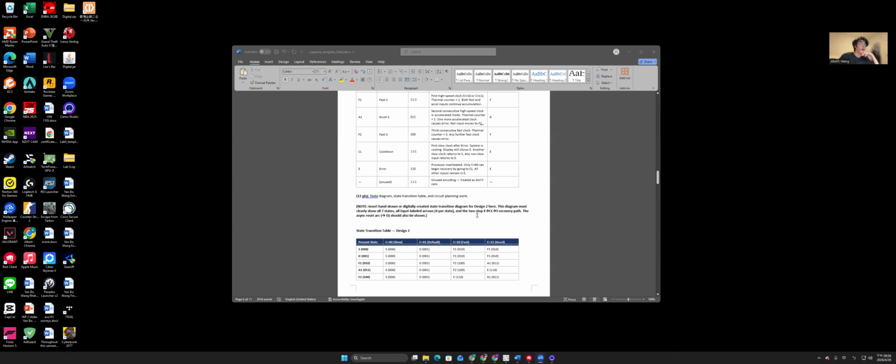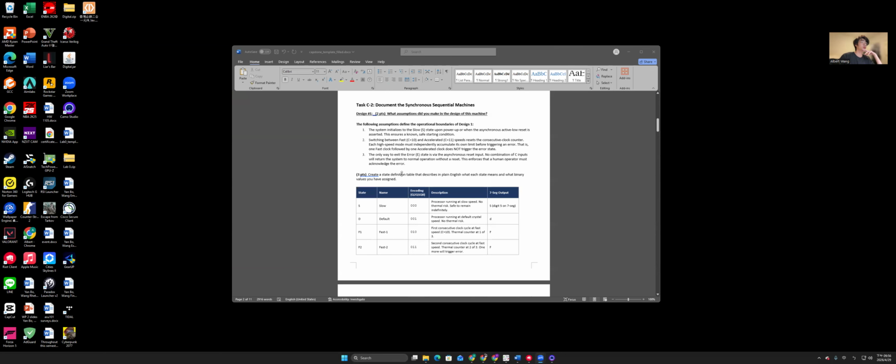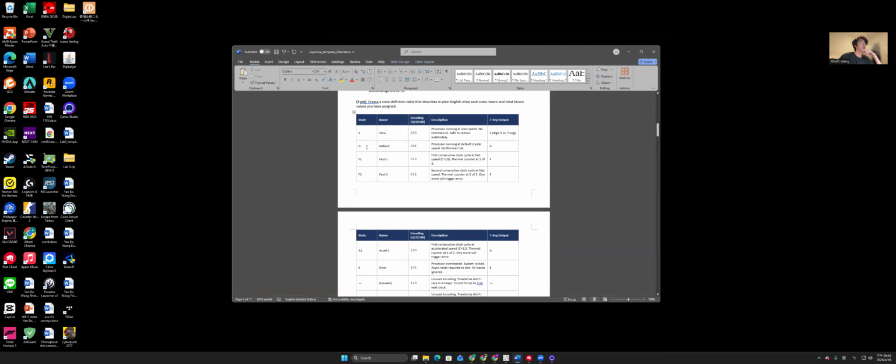For the next part, I'll introduce the state table. For design one, I have state S, which stands for slow, and the encoding is 000. The processor is running at slow speed, and the 7-segment output is S. Then state D is default, the encoding is 001, running at default speed.